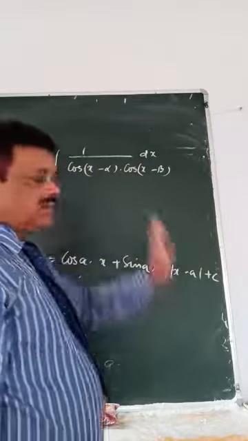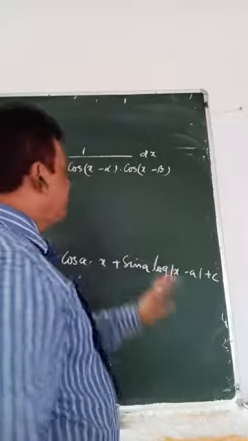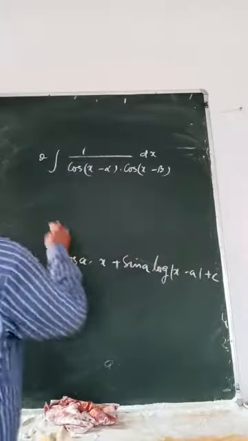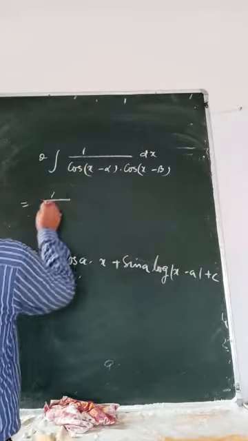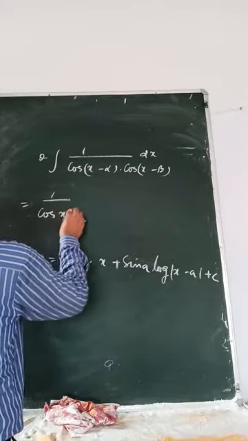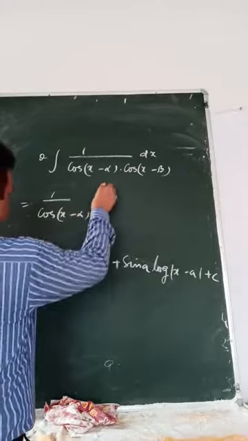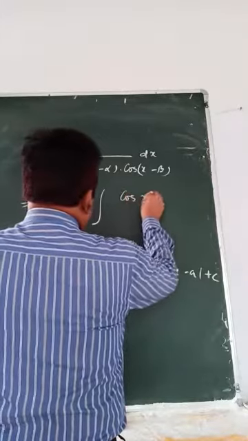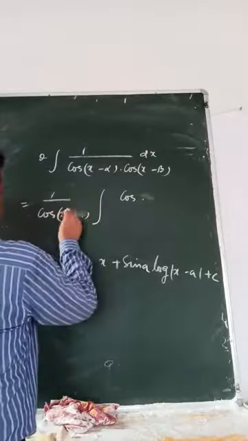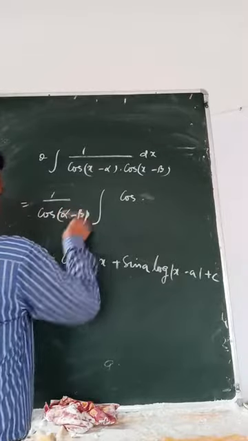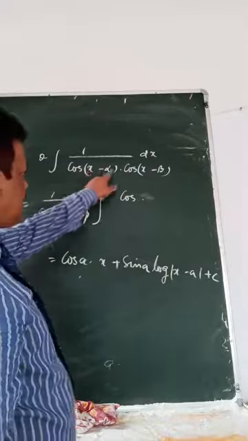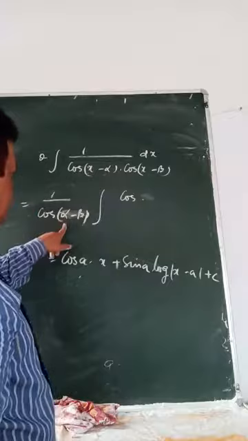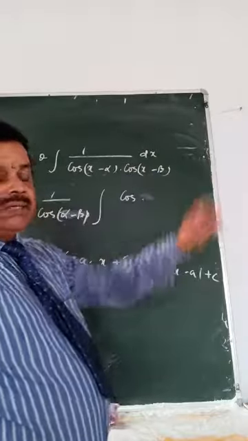So this kind of question you have to always remember, you have to divide by an angle that is constant, of cos x minus alpha, because constant can be multiplied and divided. Sorry, alpha minus beta. Alpha, beta is constant here, because you are integrating with respect to x.